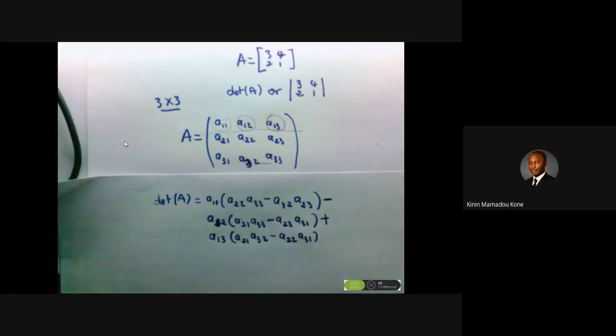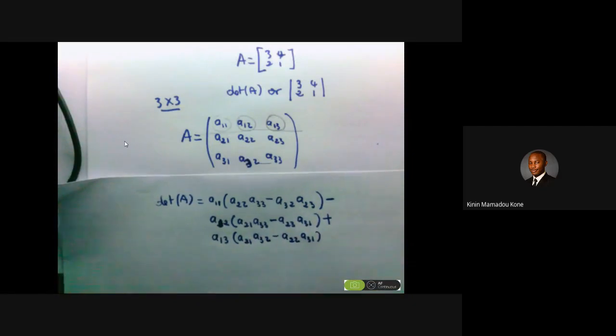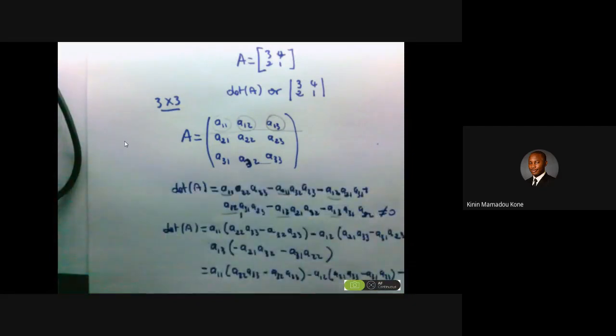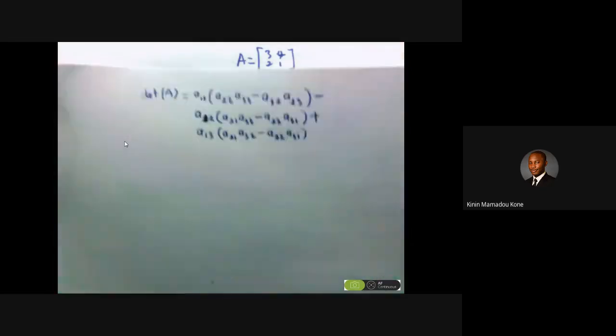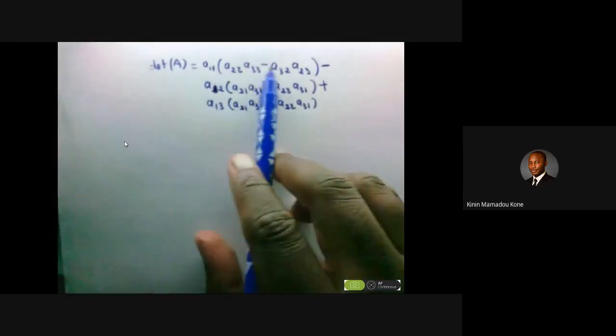Okay. So the determinant of A is actually this number over here.